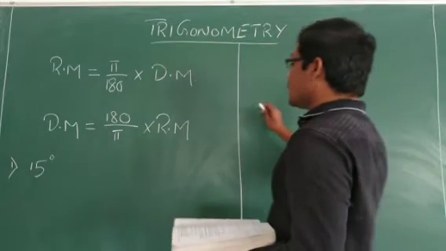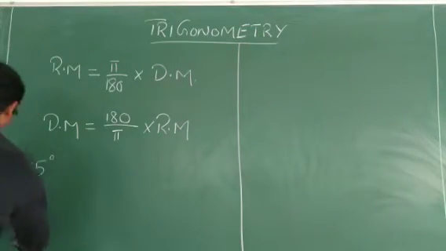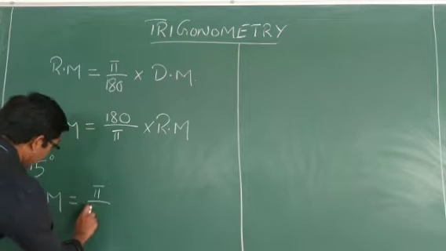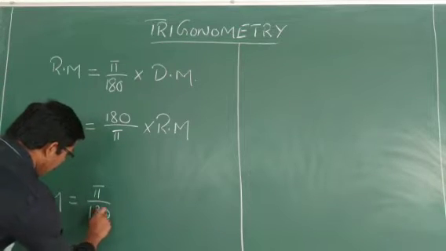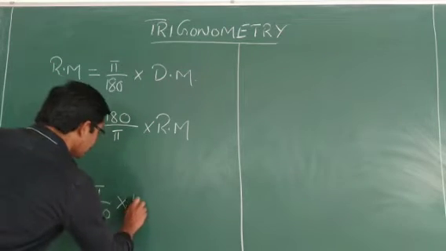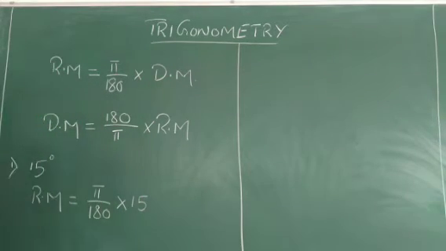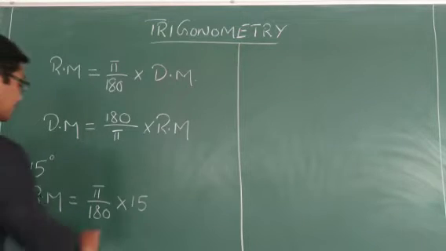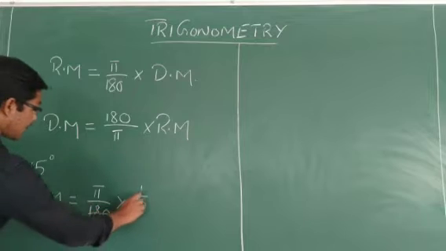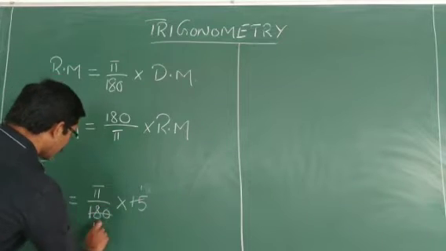So how do we convert? Radian measure is equal to pi by 180 into degree measure. What is the degree here? Degree is 15. So we can cancel this, 15 times 1, and 3 times 15 is remaining, 15 into 12.